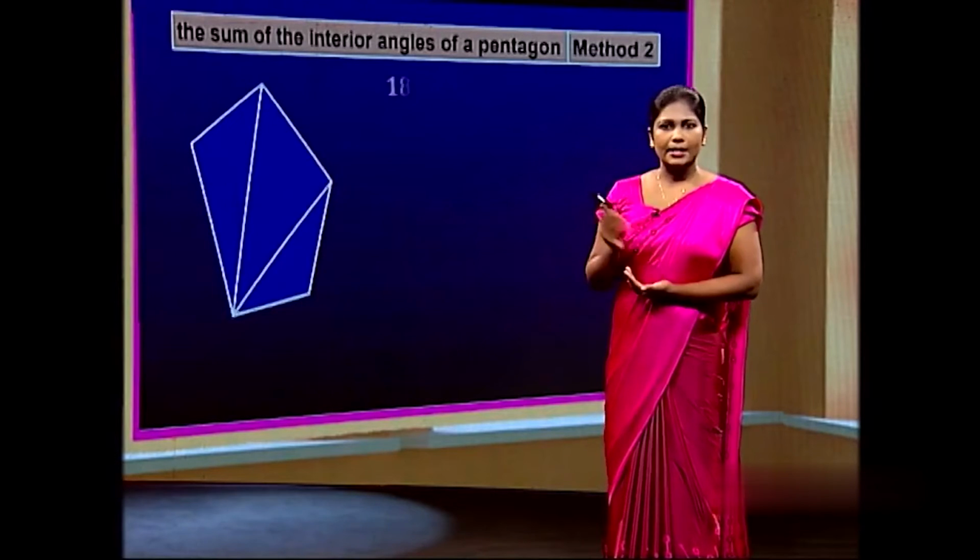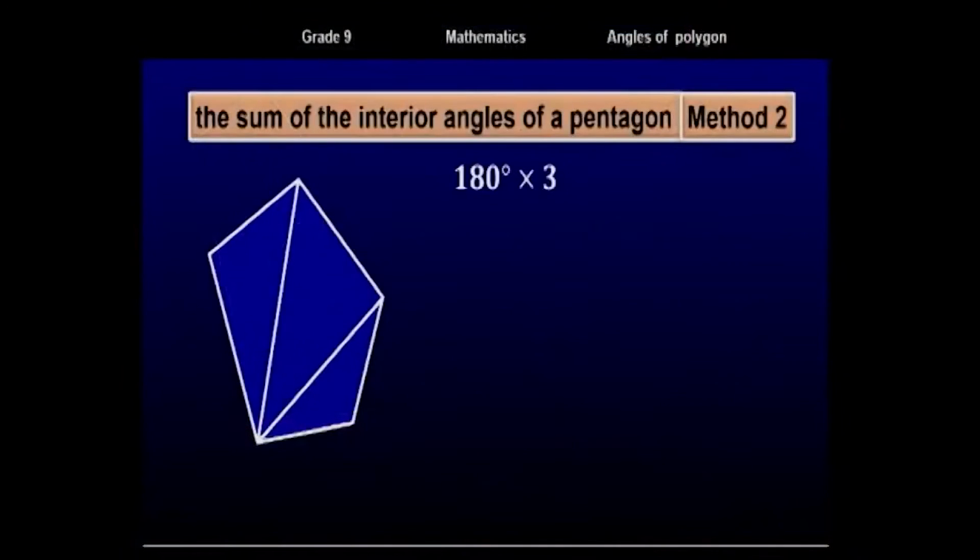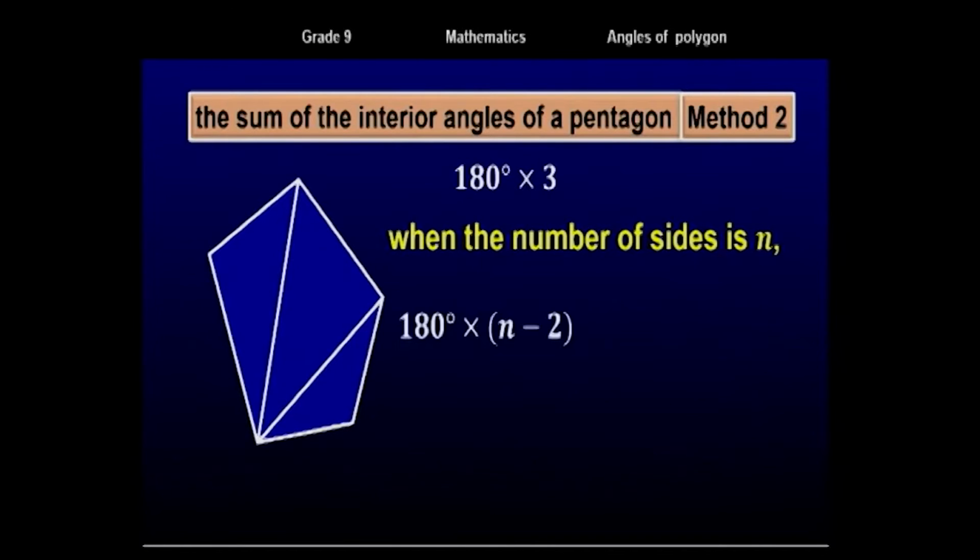Then you can take it like this: 180 into 3, because the sum of the interior angles is 180 into 3. Then when the number of sides is n, you can write 180 into n minus 2. Here, in place of 3, you can write n minus 2, because the number of sides minus 2 is equal to 3.